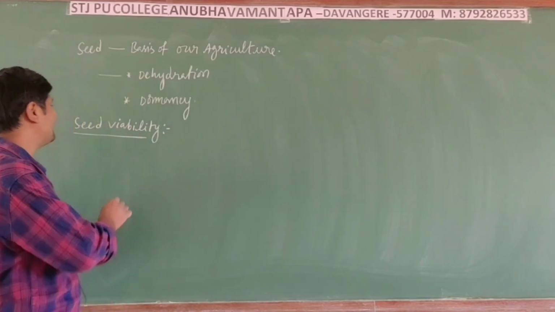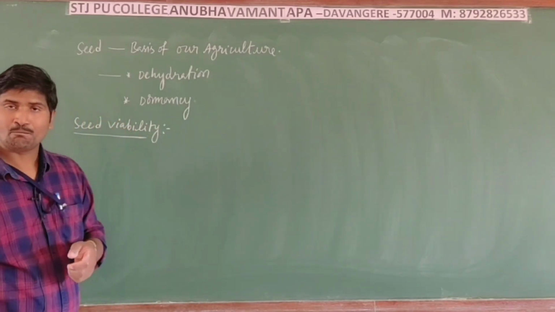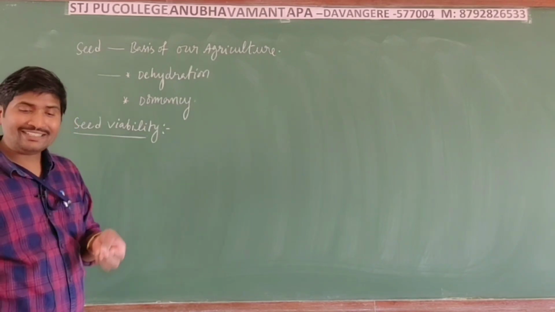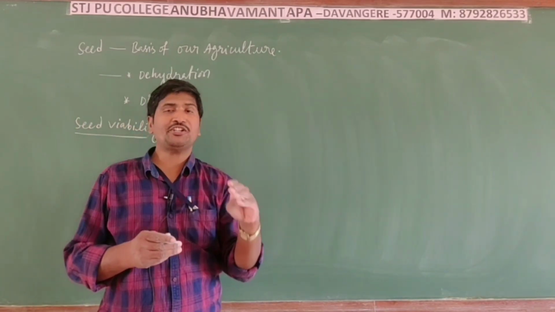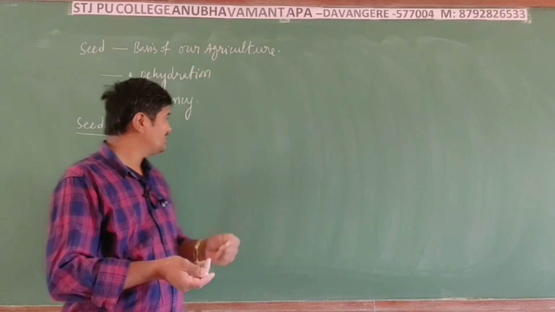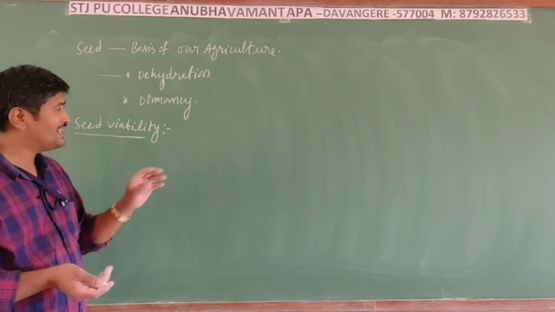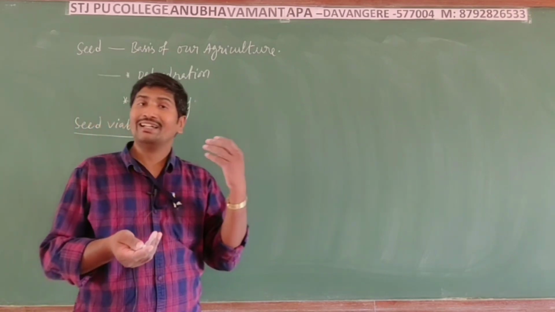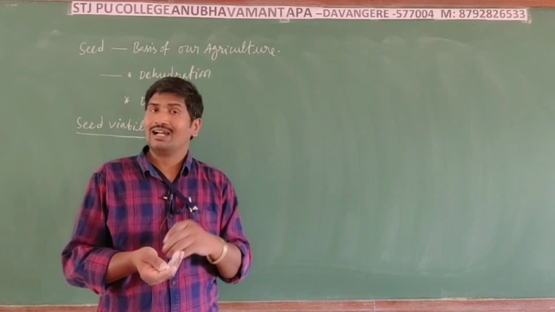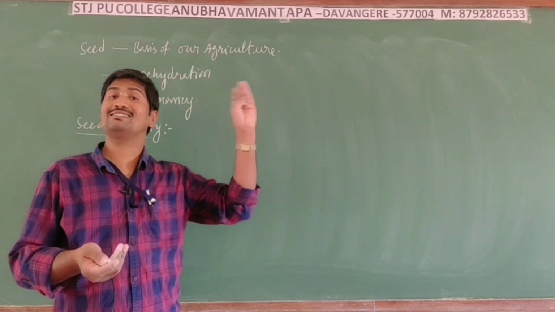This seed viability differs from one plant species to another. In some plants it is a few months, in some plants a number of years, and in some plants hundreds of years.